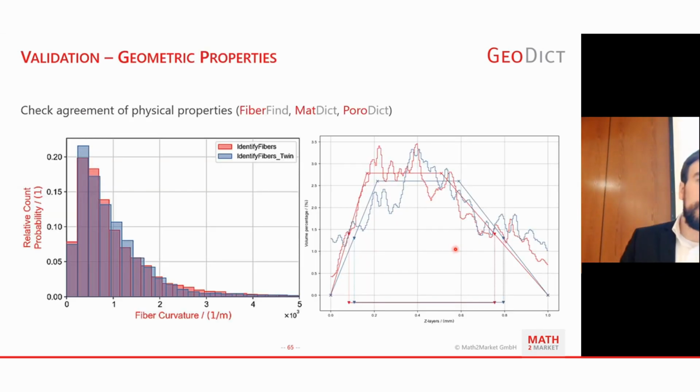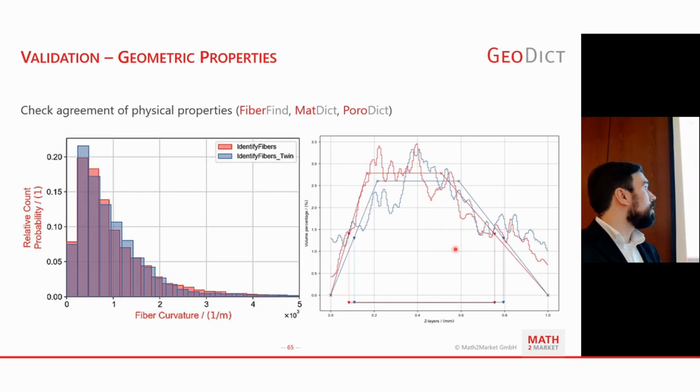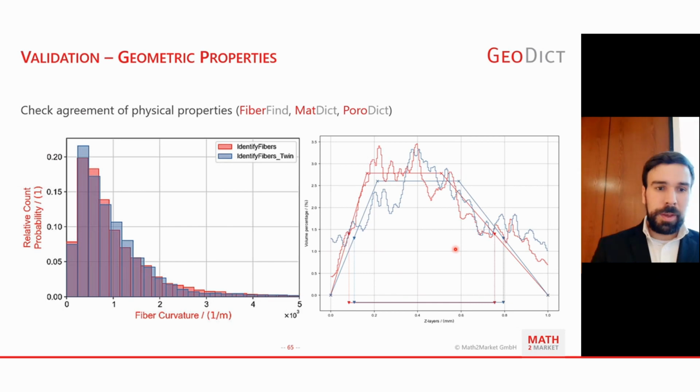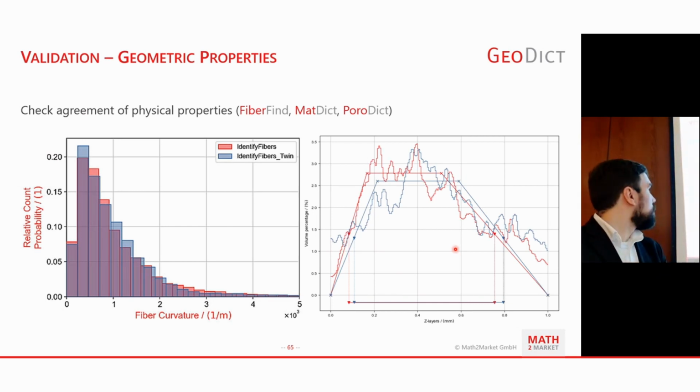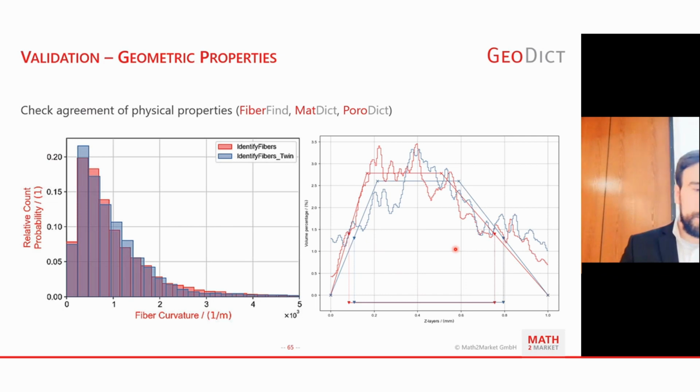And then we also take a look at the geometric properties. So we have here the curvature distribution from our two samples. I think we had that before in the first chapter. And as you can see, that looks quite good. So it's not exactly the same, but overall the curvature distribution does match between what was generated and what was measured on the real CT scan.